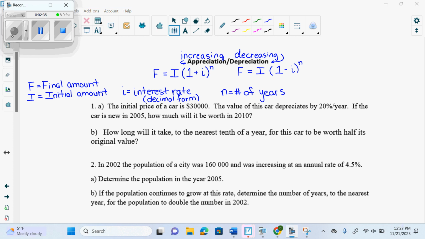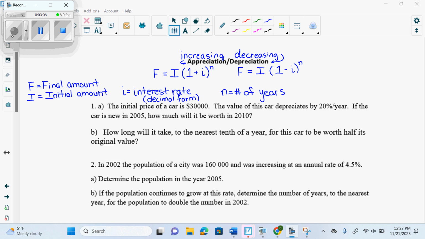The reason why we do 1 plus interest rate or 1 minus interest rate is that I have the interest rate in decimal form here. Does everyone see that? If I had 24%, I would divide that by 100 and get 0.24. So this 1 is actually decimal form for what percent? 100. If I have 100% of something, am I increasing or decreasing? Trick question.